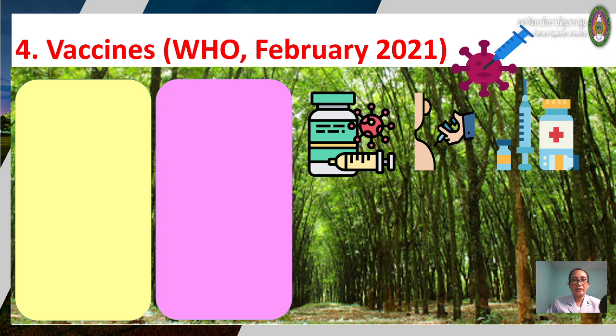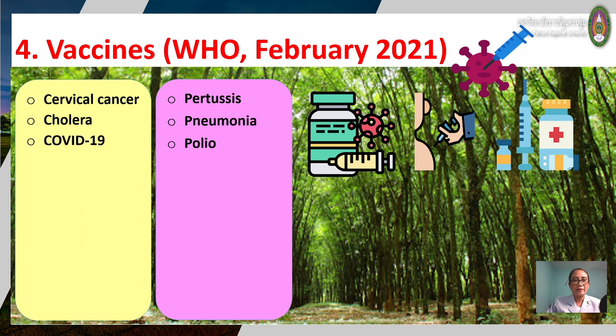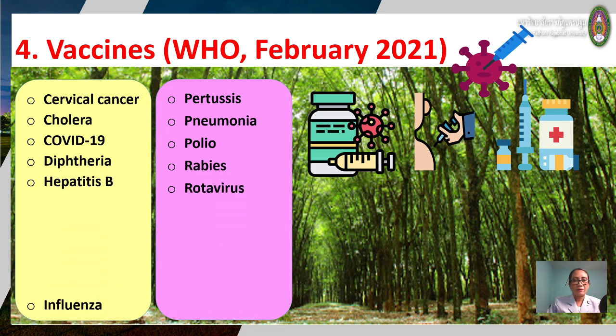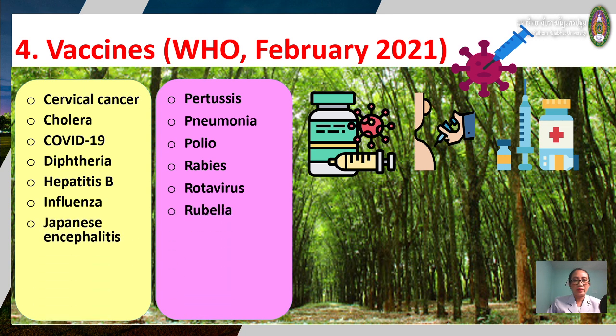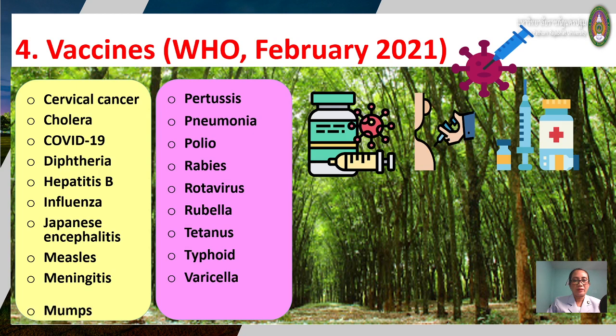According to the World Health Organization in February 2021, these are the common vaccines that I have listed here. We have cervical cancer, pertussis, cholera, pneumonia, COVID-19, polio, diphtheria, rabies, hepatitis, rotavirus, influenza, rubella, Japanese encephalitis, tetanus, measles, typhoid, meningitis, varicella, mumps, and yellow fever.